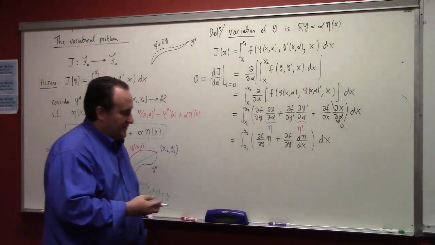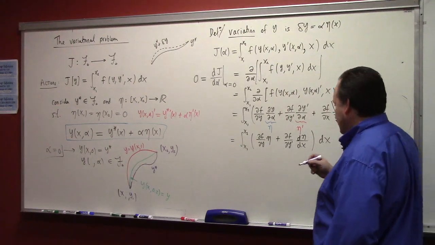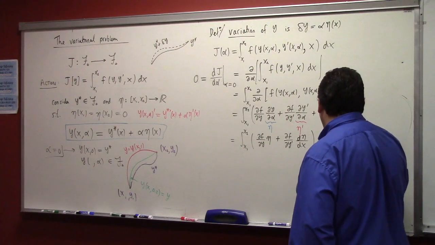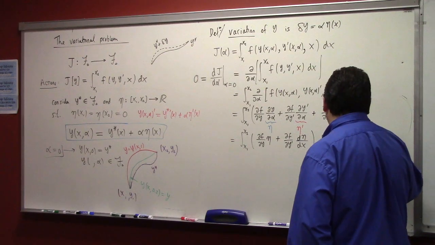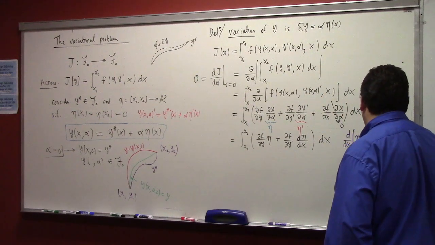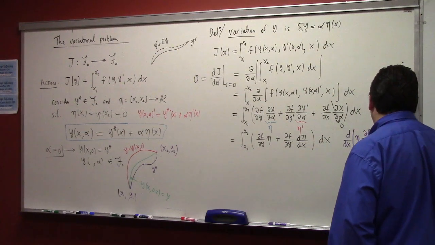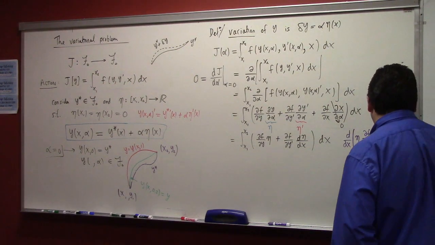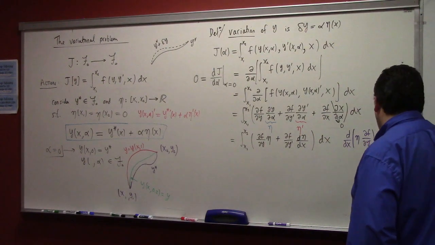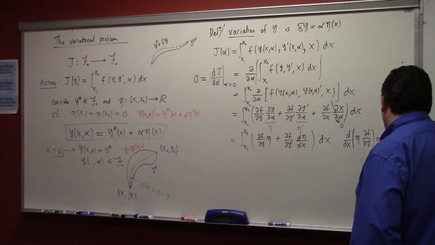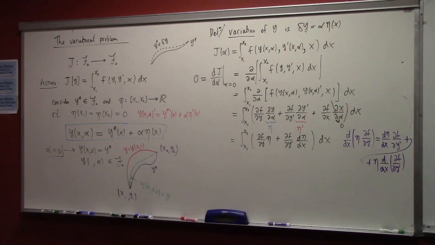See, this is a muscle math majors don't flex enough, but it's called integration by parts. Let's look at it this way. d dx of eta partial f partial y prime, what's that equal to? It's equal to d eta dx partial f partial y prime, plus eta times d dx of partial f partial y prime, by the product rule, because they're both functions of x.